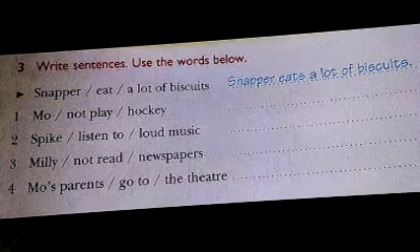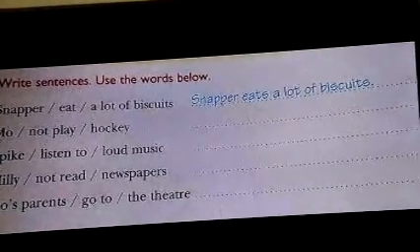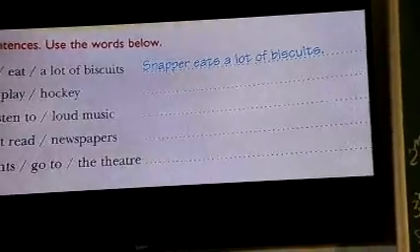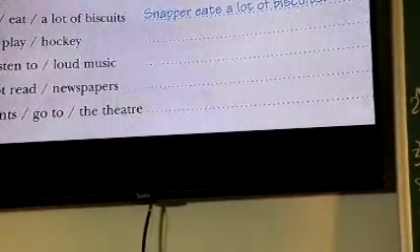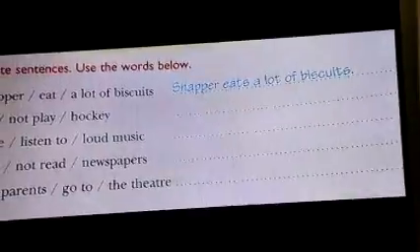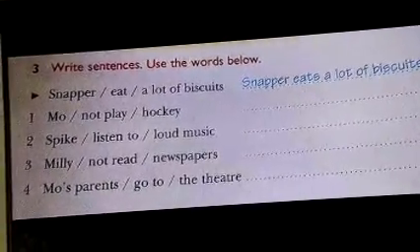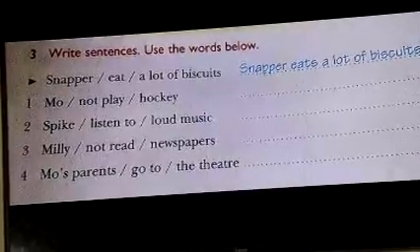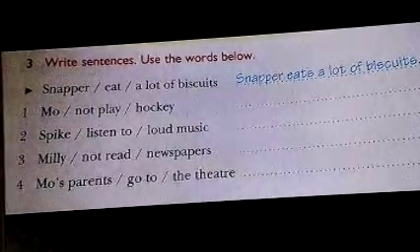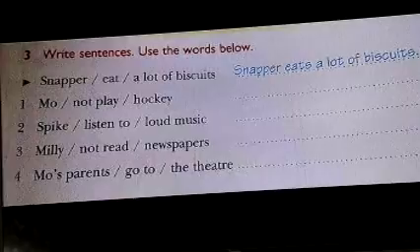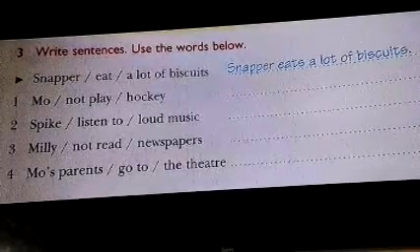We should add does or doesn't. Here it is a negative sentence, so it is doesn't. So Mo doesn't play hockey. All right, Mo doesn't play hockey. Spike, what's the next one? Spike, we don't have the picture of Spike.